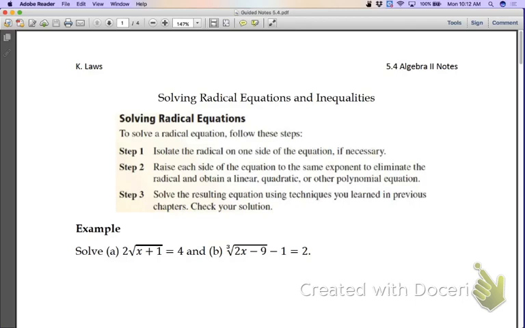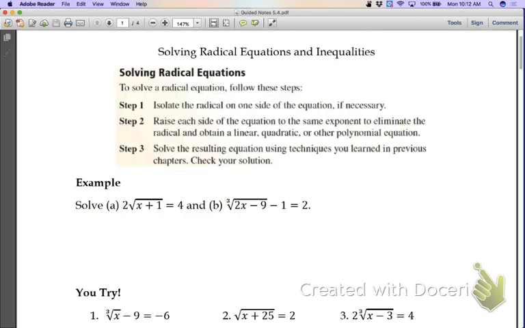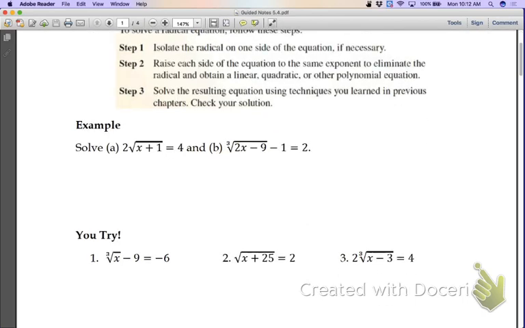So that means if you have everything else, like on example A, where I have 2 times the square root of x plus 1 equal to 4, I want to get the square root by itself. How am I going to get rid of this 2 on the left side?